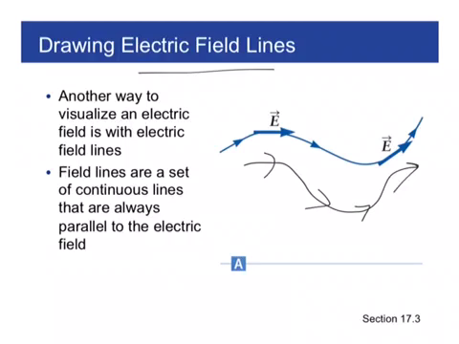Field lines are a set of continuous lines that are always parallel to the electric field. Basically, if you place a positive electric charge over here, the force it's going to experience is going to go exactly like that. Over here, the force it's going to experience is going to be this way. Over here, this way. So that's what an electric field line represents.